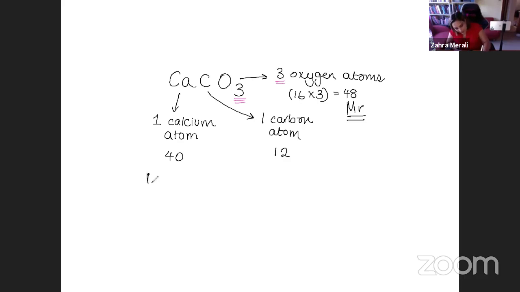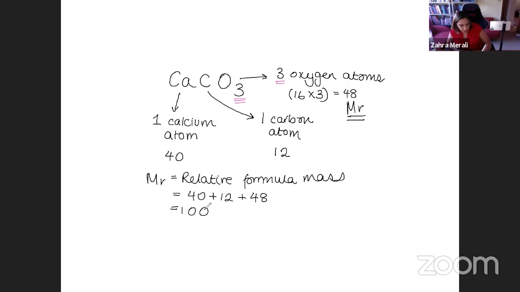So your Mr, or your relative formula mass, is going to be adding those all together. So you're going to have 40 plus 12 plus 48. So altogether, your relative formula mass for calcium carbonate is 100.